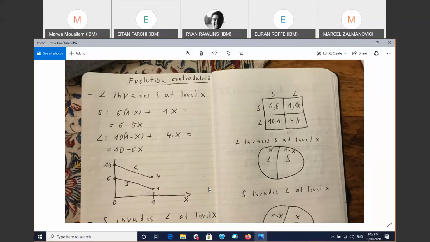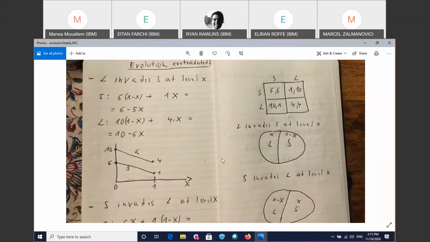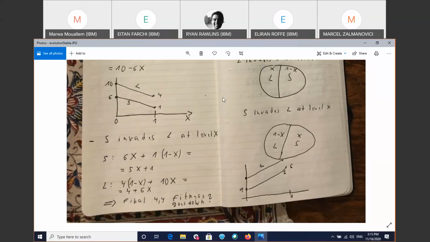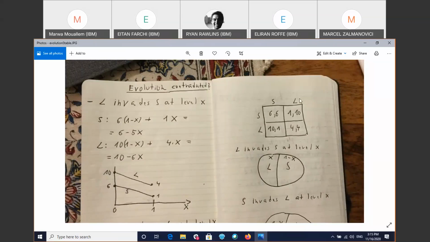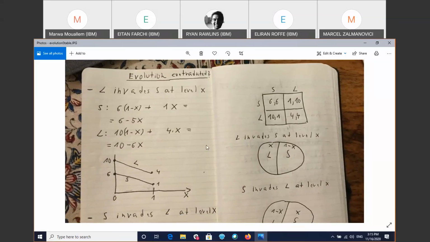And here, say we started with S and L was introduced, we converge to a lower fitness. Okay, so that's food for thought. How is that possible, that we converge to a lower fitness? Is it a contradiction to evolution theory or not?